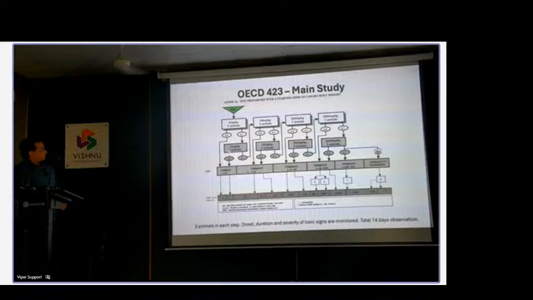Then, based on the data, you would categorize them in the GHS classification. If you have less severity, then you would conduct another 3 animals. That way you reduce the animal use, and also you generate the right data.